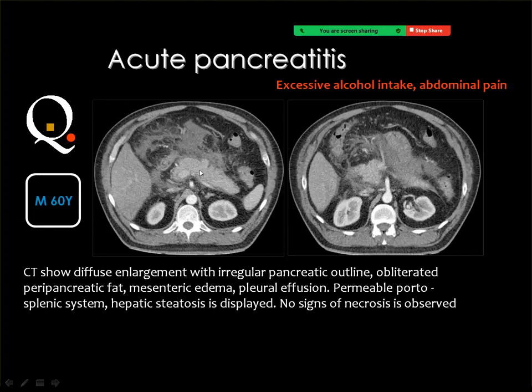You see that the pancreas is swollen and there is some free fluid in the area around the pancreas without pseudocyst formation or something like this. And this is an important diagnosis, of course, because it is frequently seen in clinical practice, and you should not miss a case of acute pancreatitis in the daily work.